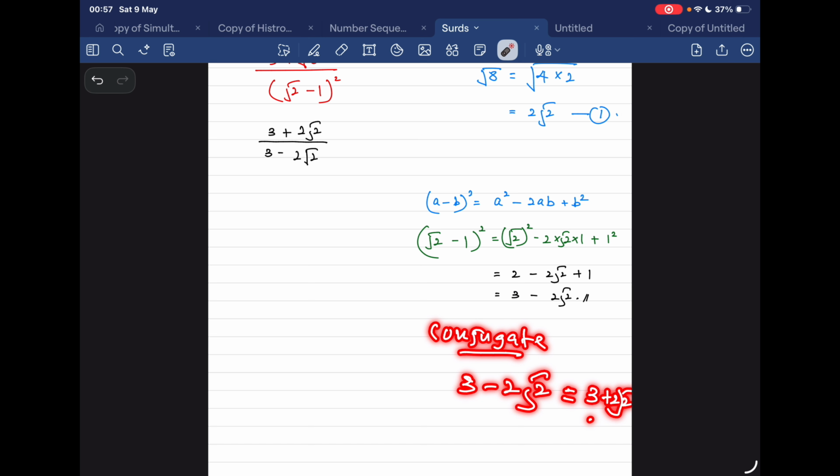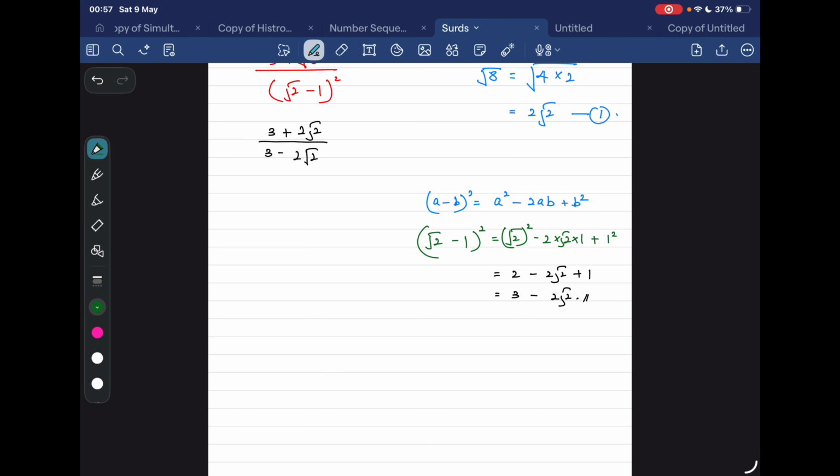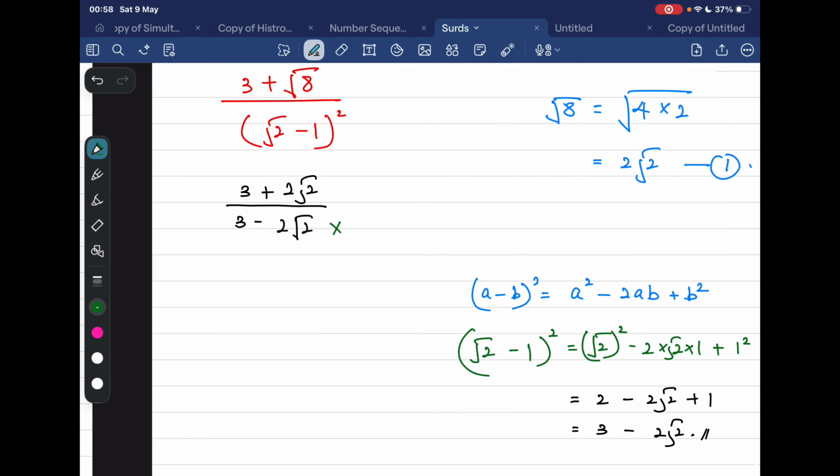Notice only the sign changes: minus becomes plus, everything else stays exactly the same. So I'm going to multiply by the conjugate.